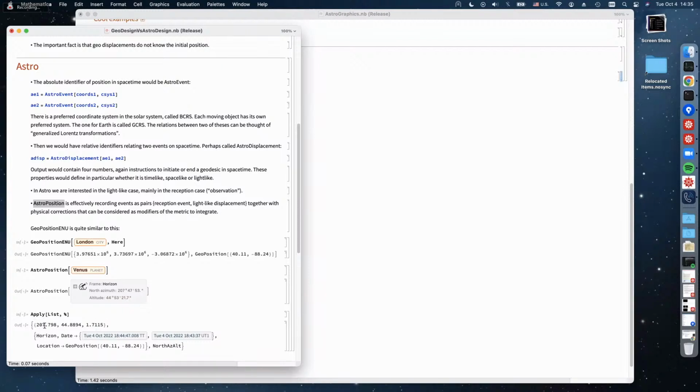These three numbers are essentially the vector with which the light arrives at me. So it's a geodesic that comes from Venus to me, and I store the vector that would allow me to reconstruct the geodesic backwards in time, and then discover where Venus was at that point. So that's astroposition. That's a nice, clean description of what's going on.